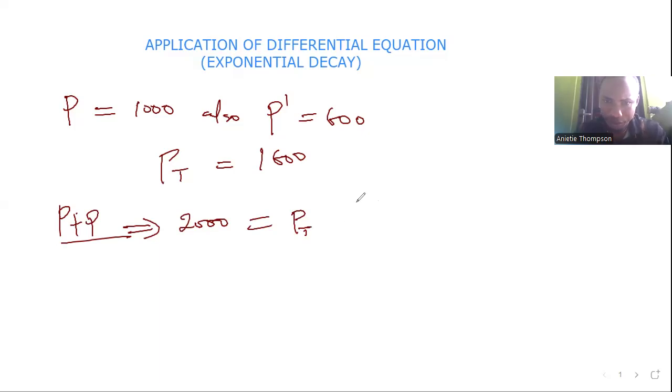That means the growth rate of this new population, P prime of T, will be double 600, which is 1,200. So the new population, let's call it P T small n, meaning new population, will be equal to 3,200.